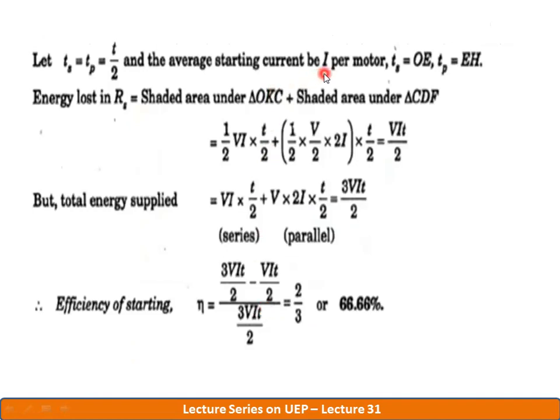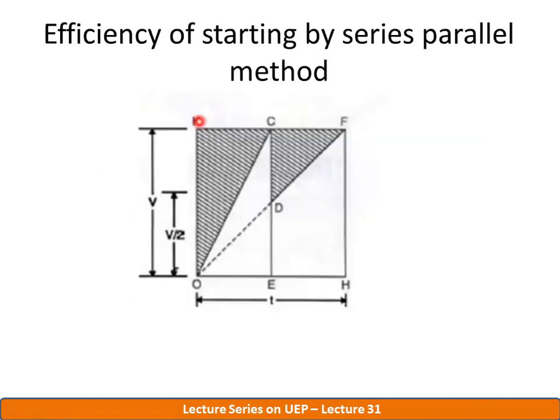The average starting current will be I per motor. The energy lost in the starter is the energy loss during the series period plus the energy loss during the parallel period. Consider the triangles OKC and DCF.